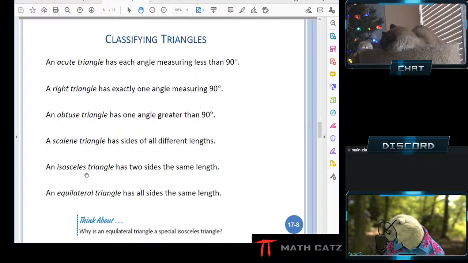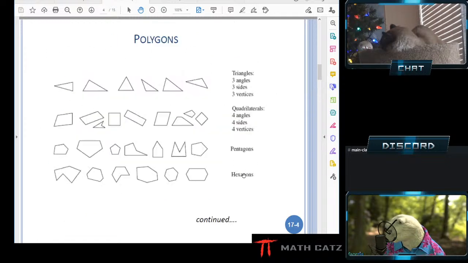An isosceles triangle has 2 sides the same length. So this guy on the left here is an isosceles triangle, or at least looks like it. I should technically measure it to be sure, but it does look like it. Isosceles triangle, those 2 sides are the same, but the other guy is a little short. He is not the same length.